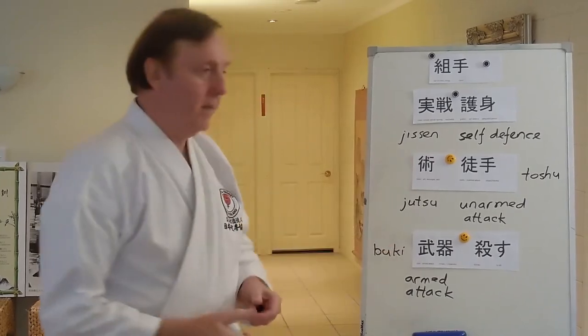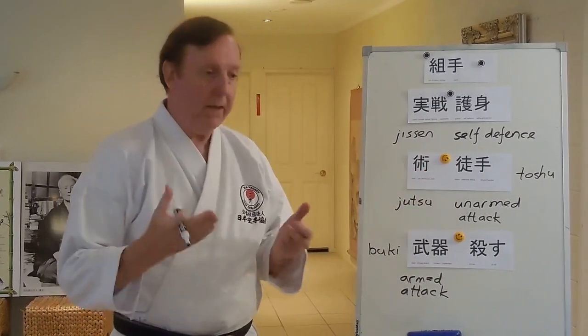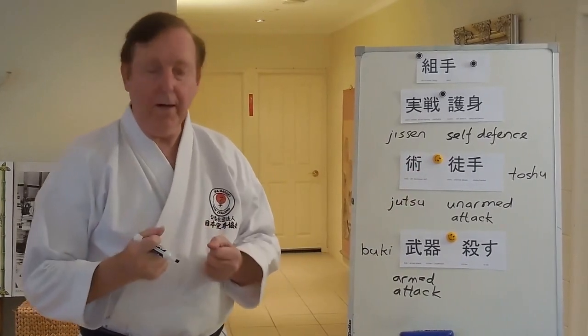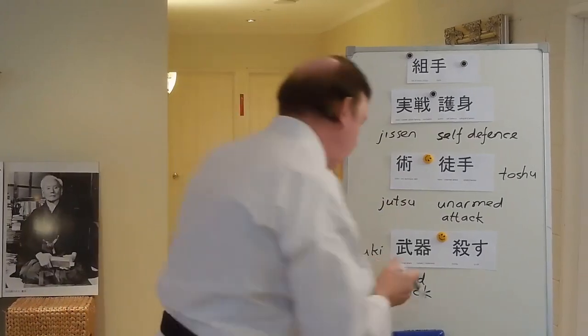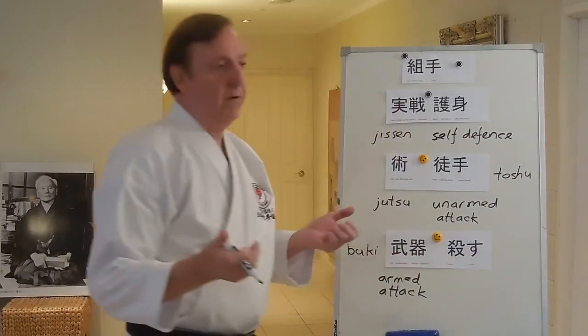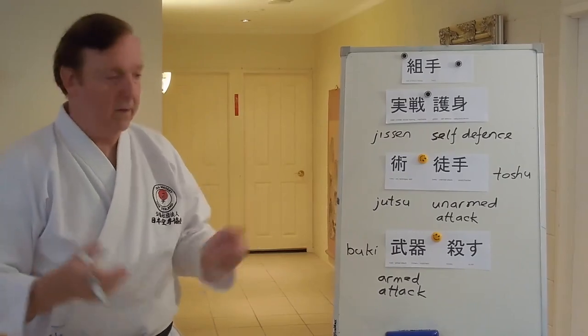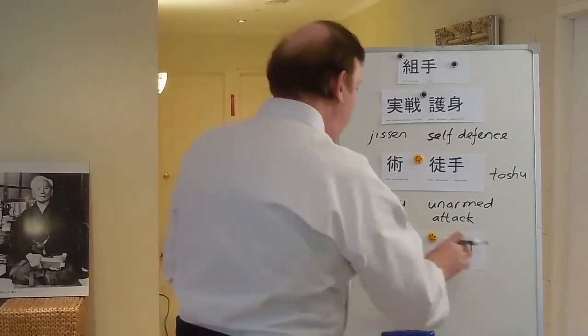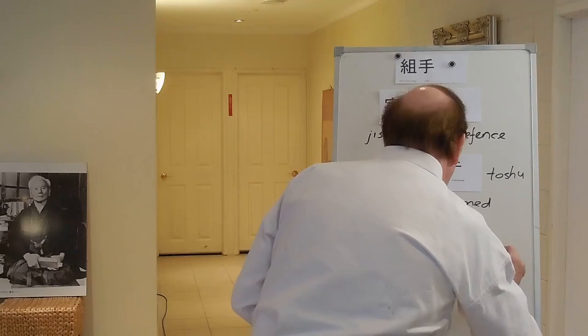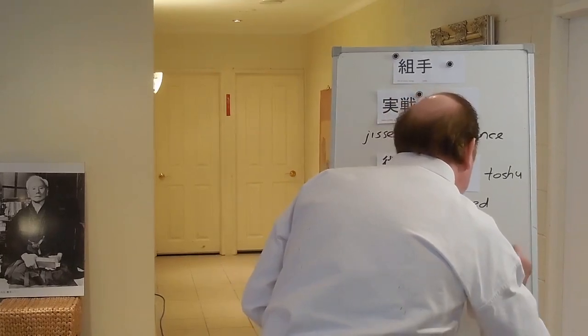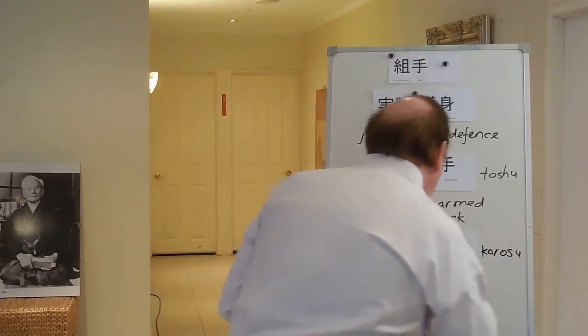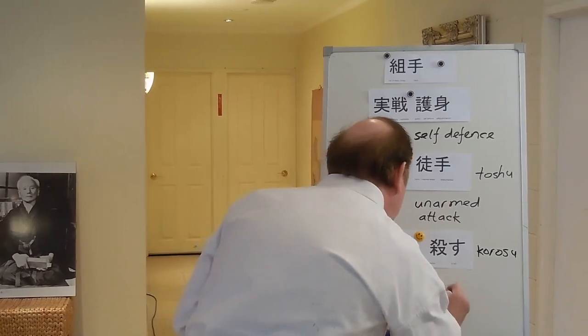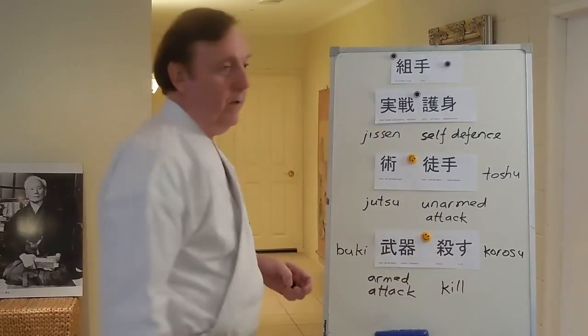So buki means pretty much the same as this one, only somebody's got some implement in their hand. So this is almost like a military situation, as if a person comes with a gun or something. And the last kanji here is korosu. That one actually means to kill someone. Korosu is kill.